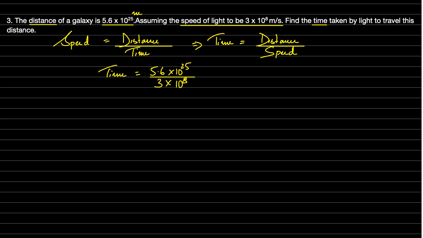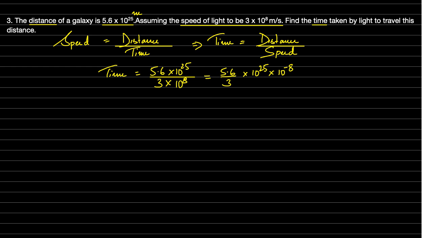In this question, everything is in SI unit, so we need not convert anything. So 10 to the power of 8 goes to the numerator. We get 5.6 divided by 3 into 10 to the power of 25 into 10 to the power of minus 8.